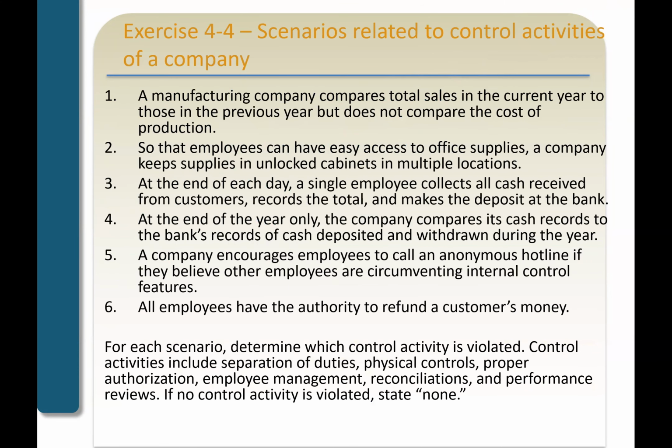Okay, so for each scenario, we're going to look at various control activities and see what's being violated. Control activities: separation of duties, physical controls, proper authorization, employee management, reconciliations, and performance reviews.